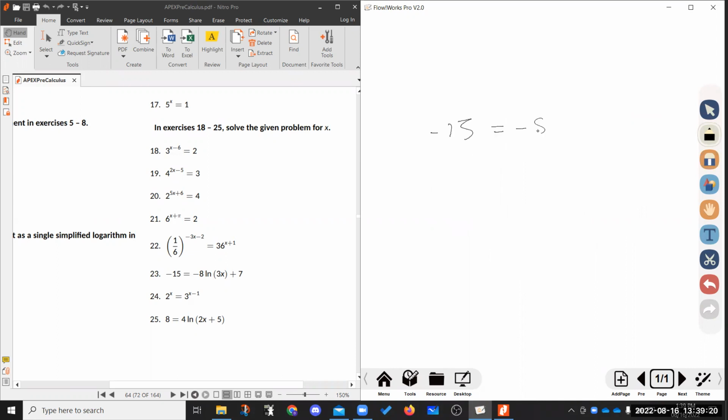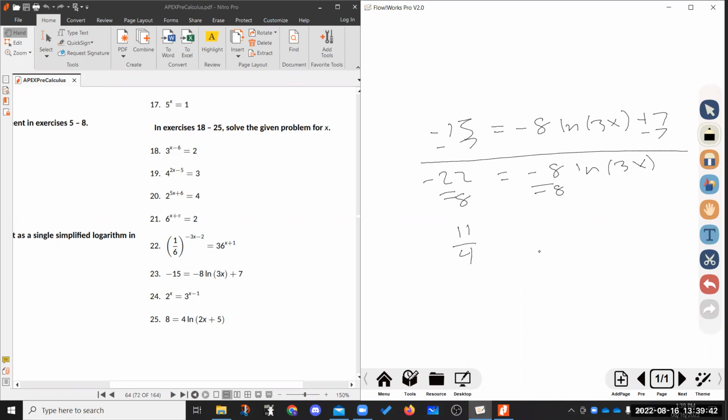Negative 15 is equal to negative 8 ln of 3x plus 7. Subtract 7 from both sides first to isolate my logarithmic expression. Now I'm going to divide both sides by negative 8. That's going to give me 11 over 4 is equal to ln of 3x.